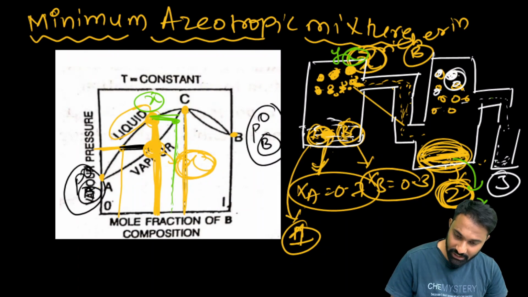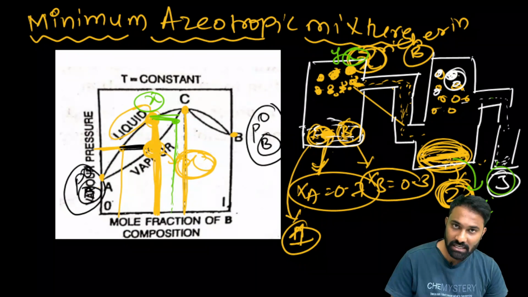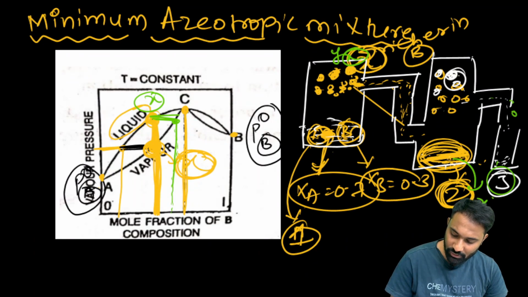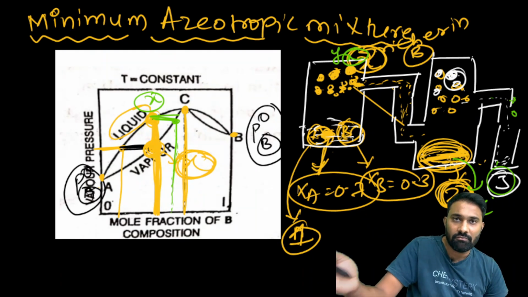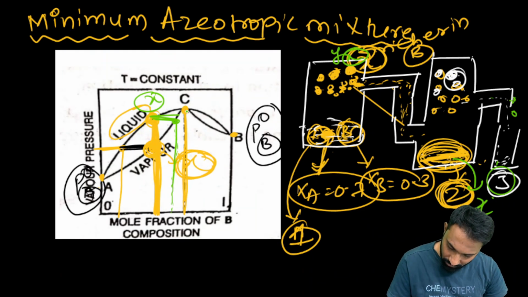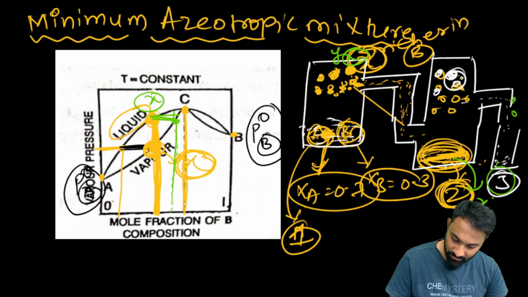Again, when it has converted into liquid, it has reached component 3. When it has reached component 3, again it will be converted into gas, right? Fractional distillation, like that, one by one we have to distill it. See, above it's liquid. When it has converted into gas, again it will be converted into liquid in component 3.